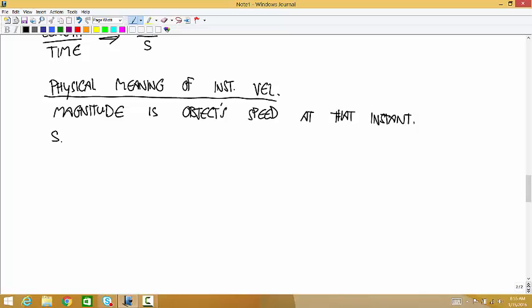And the sign is the direction of motion of the object at that instant.